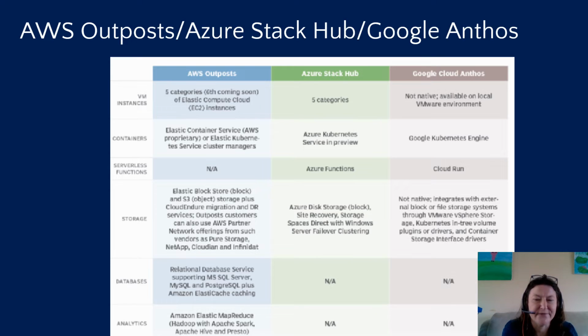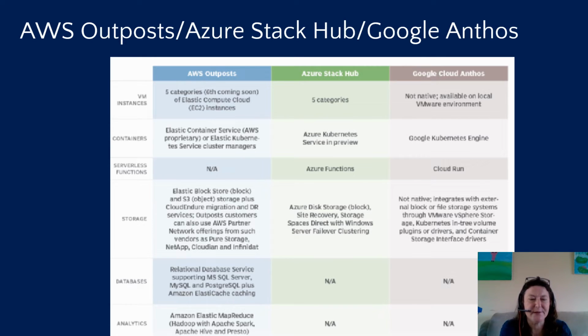This is just to show you really the maturity of these three options. AWS is way out in front pretty much. It provides not just VM instances, so not just EC2 instances, but also things like containers. Some of the serverless options are available. Some of the storage options are available, like S3 can be on premise.